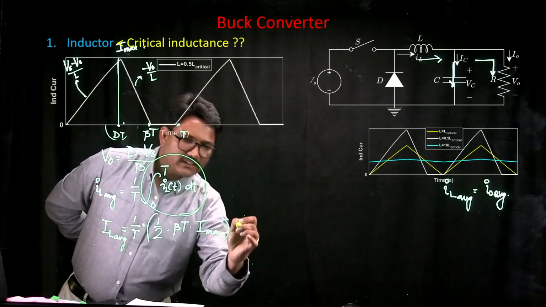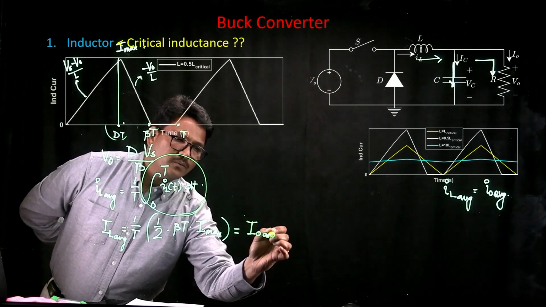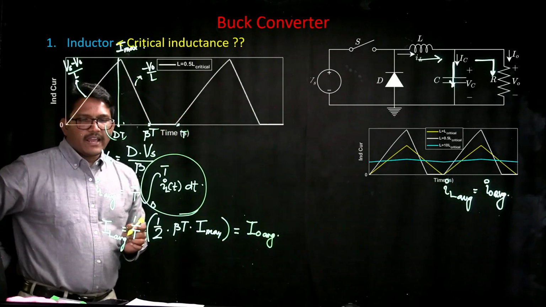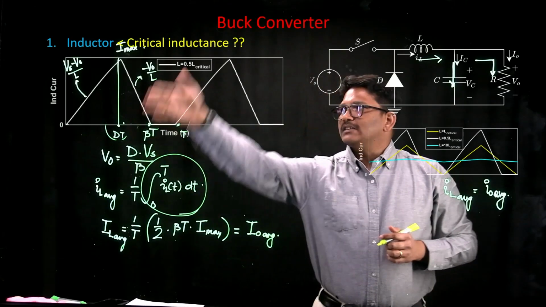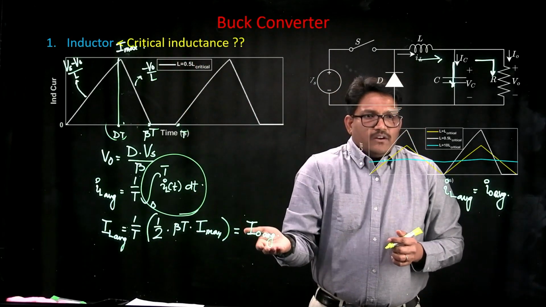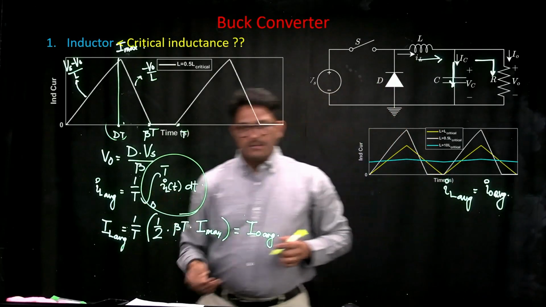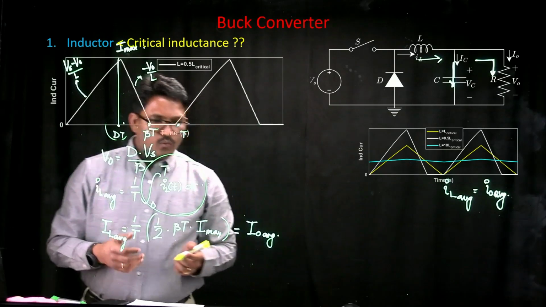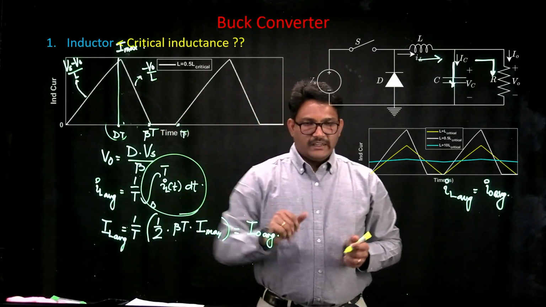Now you know that this will be exactly equal to I naught average value. So if you use this relationship, where you know the maximum value of the current, and also I naught average, I max and time, then you'll be able to get the value of beta.